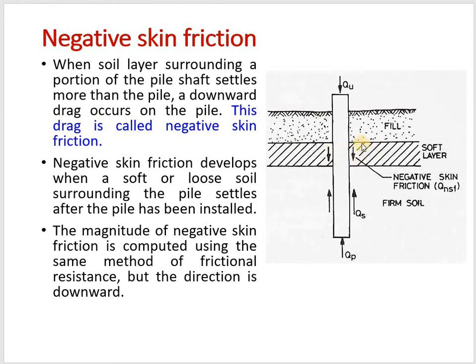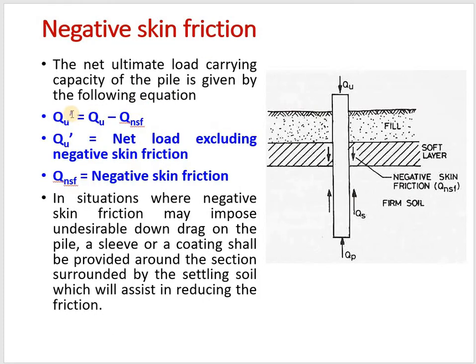So for this particular depth you find the frictional resistance and give a negative sign, then that will account for the negative skin friction. So you have the ultimate load QU and you just reduce this QNS for this particular section to get the actual ultimate capacity of the pile, reducing the negative skin friction.